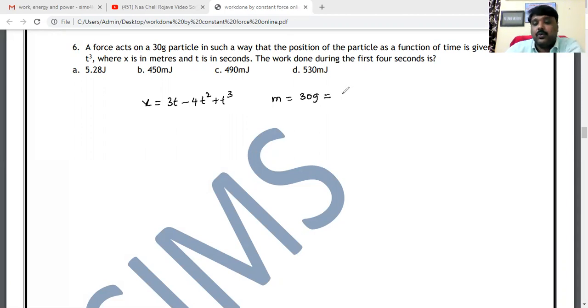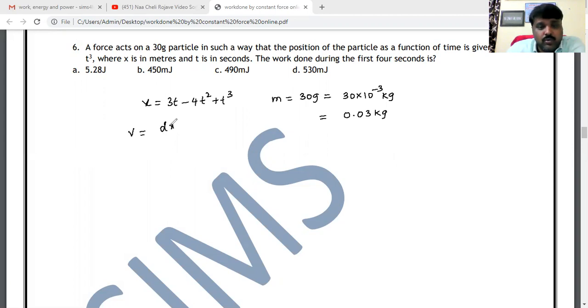Let us convert it into kilograms, that is 30 into 10 power minus 3 kg, or 30 by 1000, 0.03 kg. Now, the work done during the first 4 seconds. Let us find the velocity first.